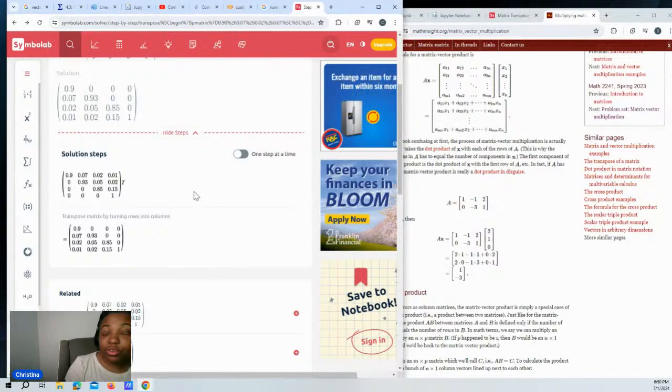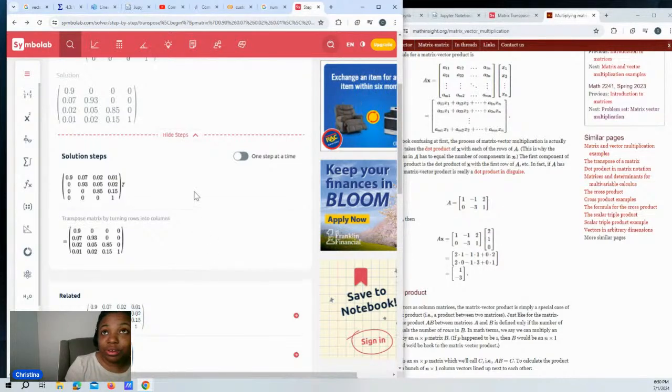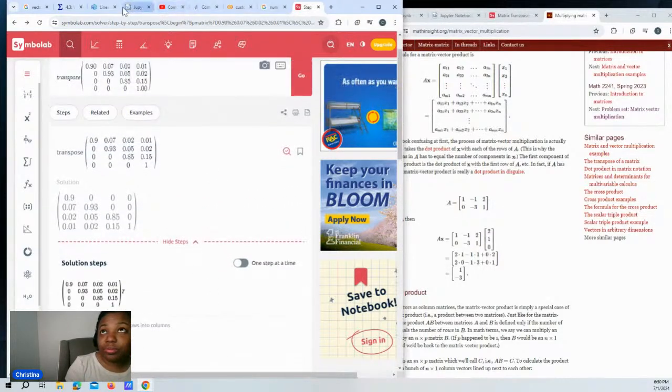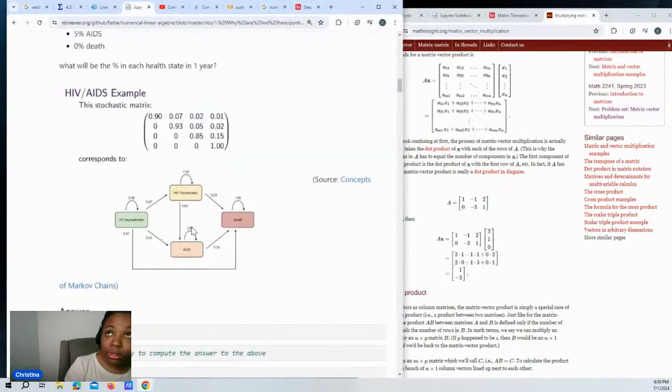And if it's not transposed because I typed it in differently, that would be 0.93, 0.05, 0.02, and then that would be 0.